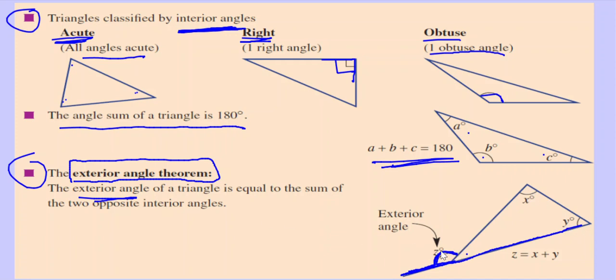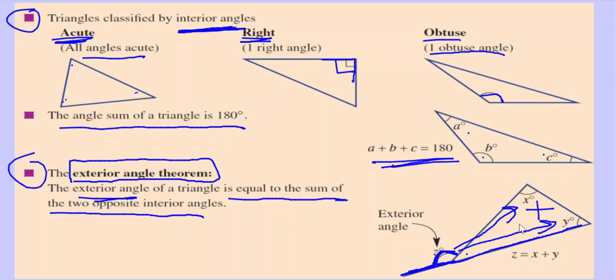This exterior angle, on the outside of the triangle, is equal to the sum of the two opposite interior angles. So the two opposite angles to this exterior one, there and there, when you add them together, will always equal that exterior angle.